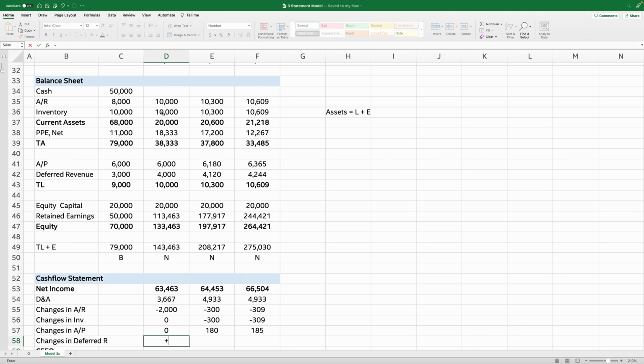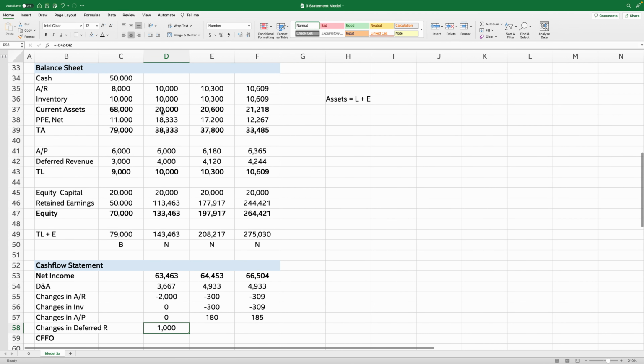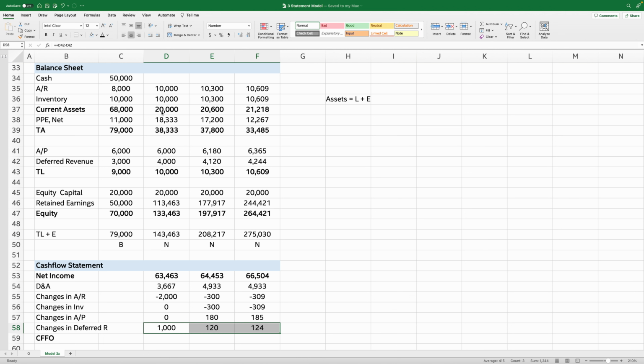And then changes in deferred revenue. Give you a second to think about it. But the changes in deferred revenue are eerily similar. All right. So we have the changes in all these things.